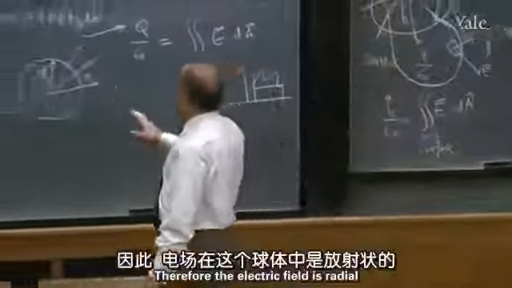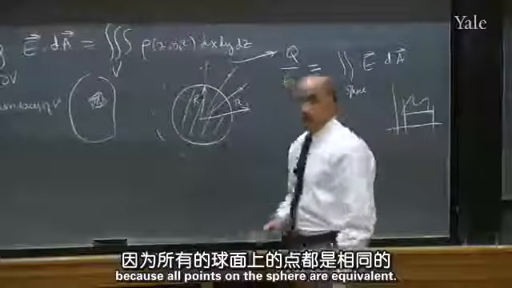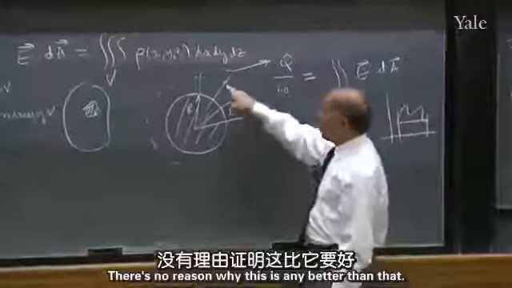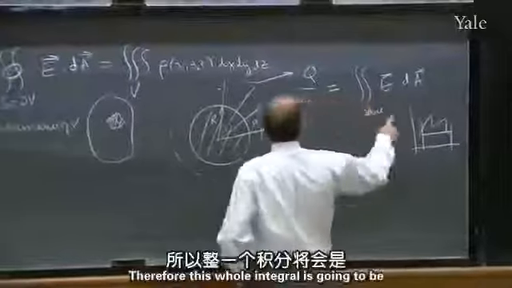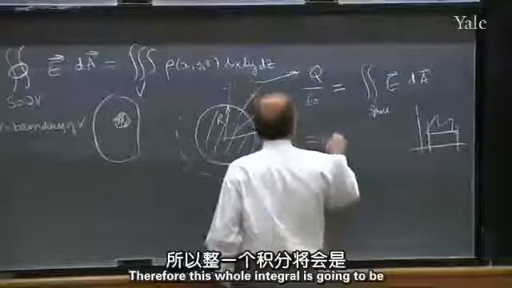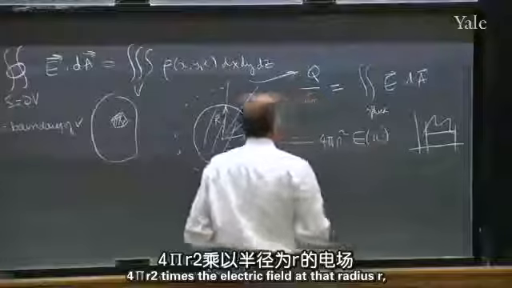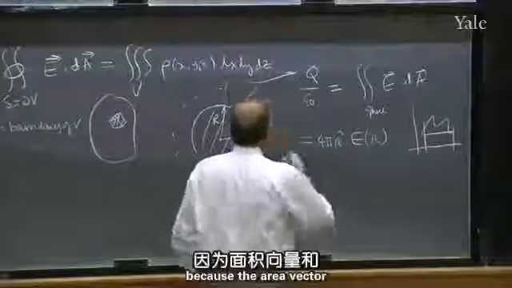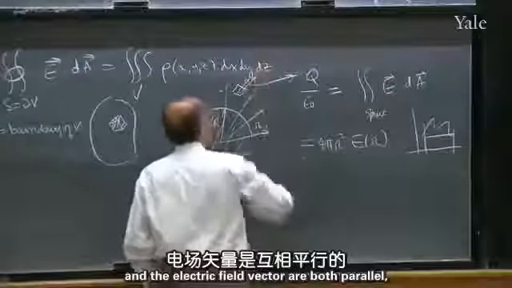Therefore, the electric field is radial and also constant throughout the sphere because all points on the sphere are equivalent. There's no reason why this is any better than that. Sphere looks the same from all directions. Therefore, this whole integral is going to be 4 pi r squared times the electric field at that radius r. Because the area vector and the electric field vector are both parallel.